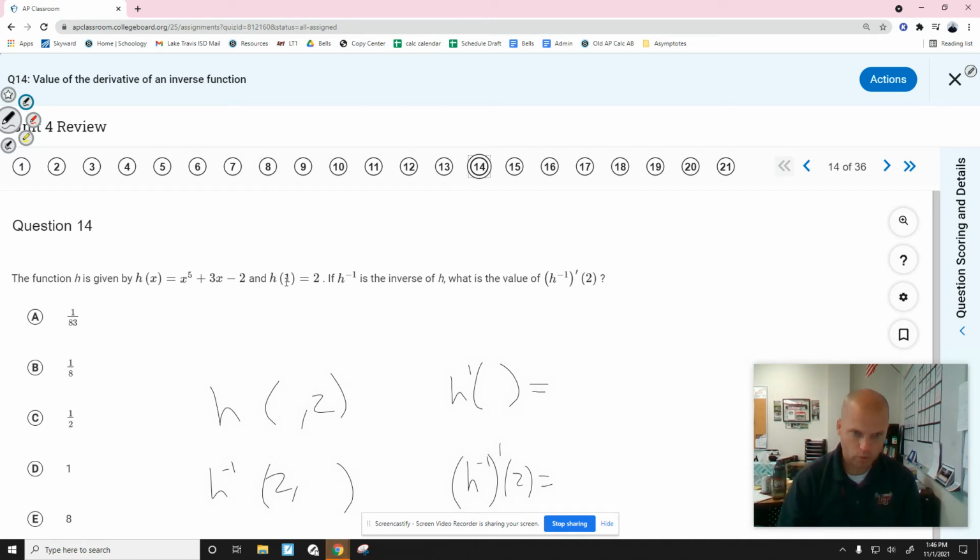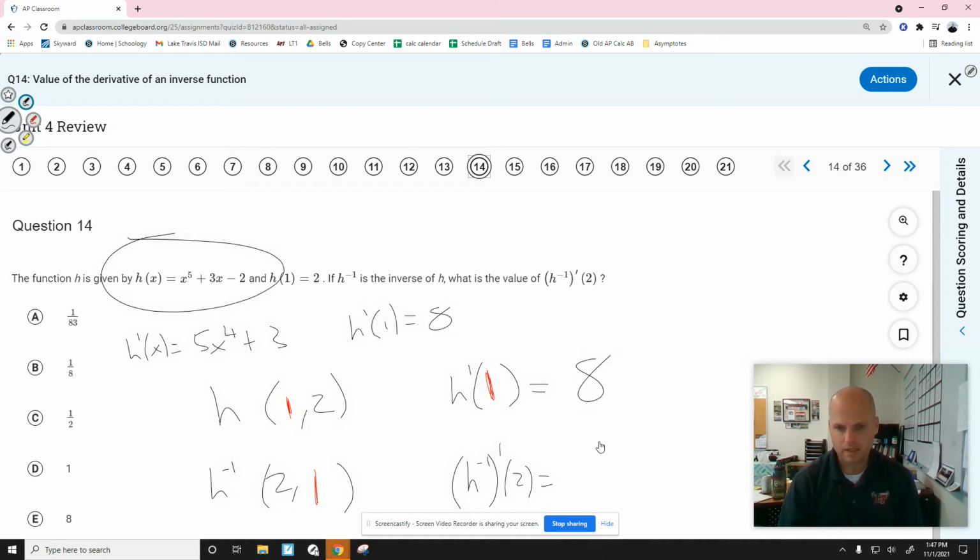Well, we're told h of 1 is 2. So I need to find h prime of 1. This is h. This is h prime, 5x to the 4th plus 3. h prime of 1 is 8. That means h inverse prime at 2 is 1/8.